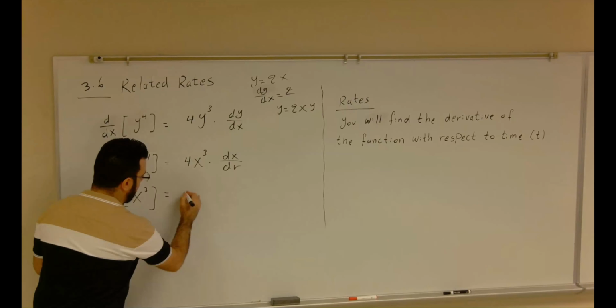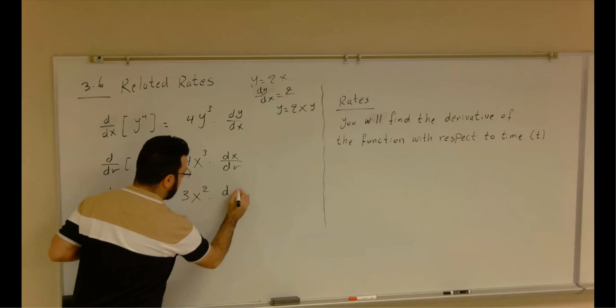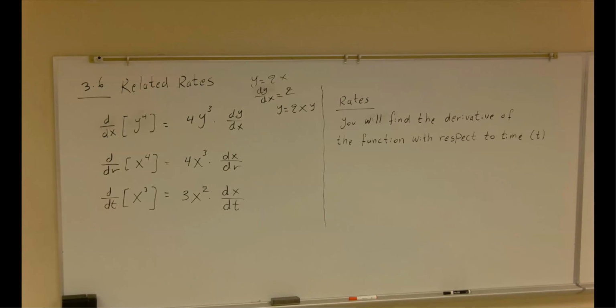So it's going to be 3x squared times dx with respect to t. And that's what we said is going to be the rate when we need to find the derivative of the function with respect to the time t. Okay? And we can check that with the examples.